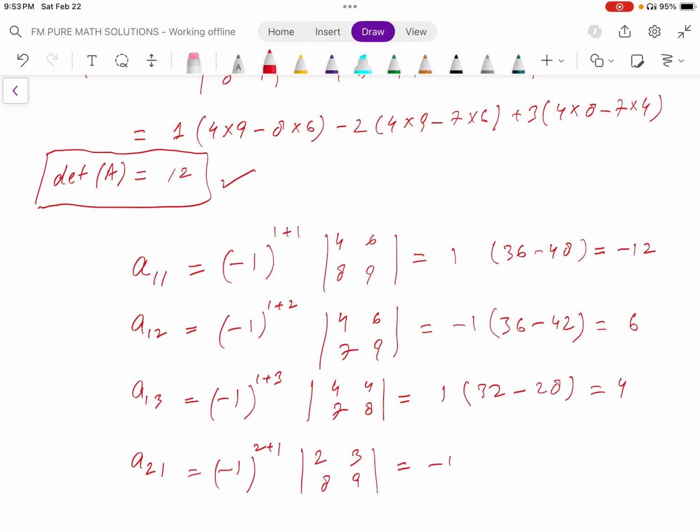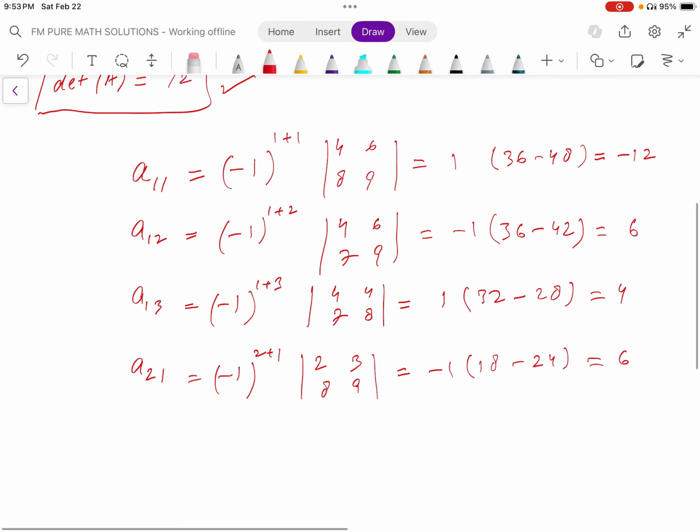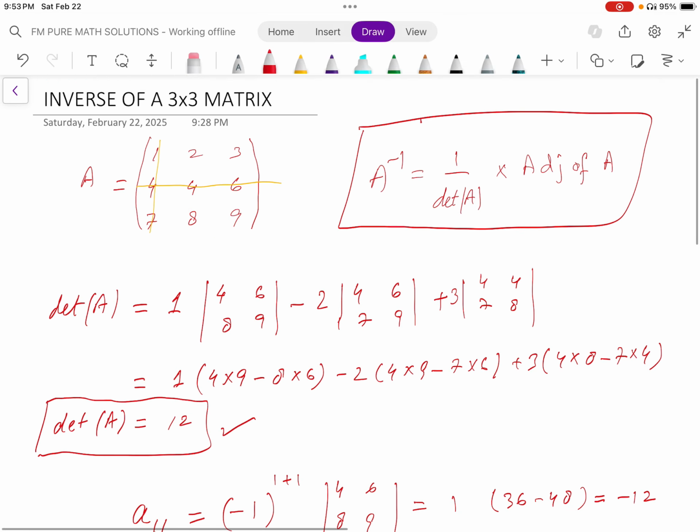So this is -1 times 18 minus 24, which is -6, times -1 is +6. Then A22, -1 to the power 2 plus 2, second row, second column.